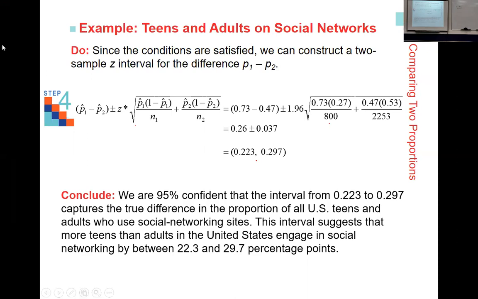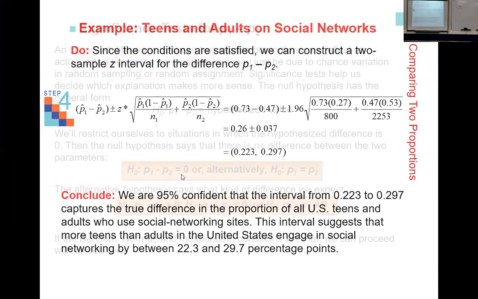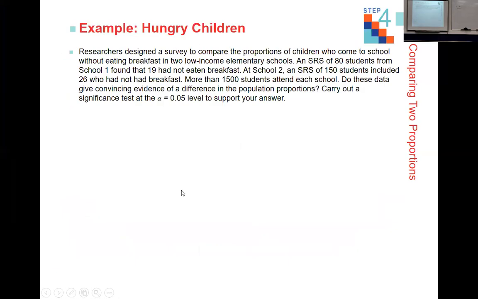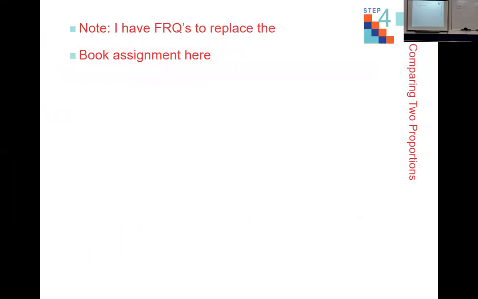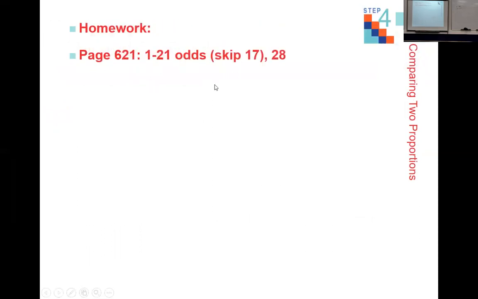I'll come back to this in just a second, but your homework assignment is there. I've already posted it on Canvas. This is the 10.1 homework. Remember, what you're going to have for homework for this chapter, you're going to have a book assignment for 10.1. You're going to have a book assignment for 10.2. So this is a book assignment for 10.1.